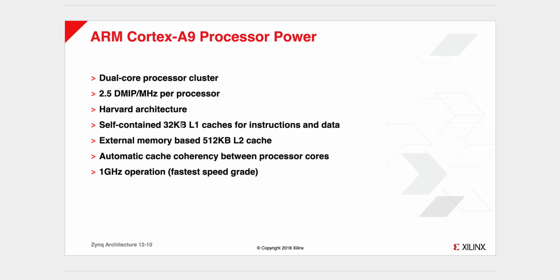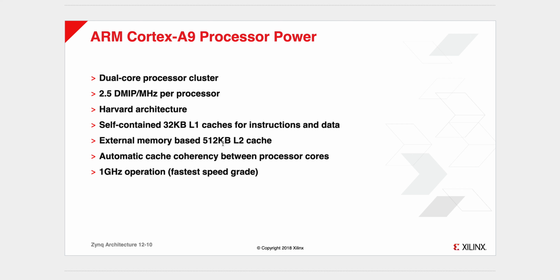Then we have an external memory, of course, of 512 kilobytes cache memory. L2 means level 2, so we have a 32 kilobyte level 1 cache, which is used for fast access of data and instructions, and this is self-contained. The 32 kilobyte one is self-contained.